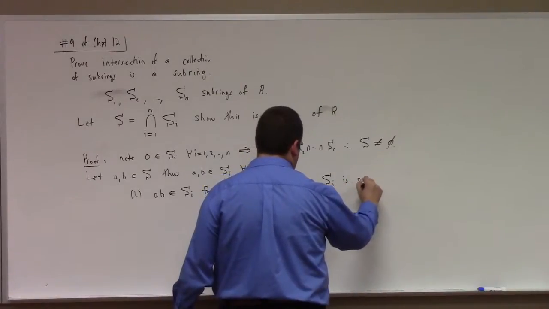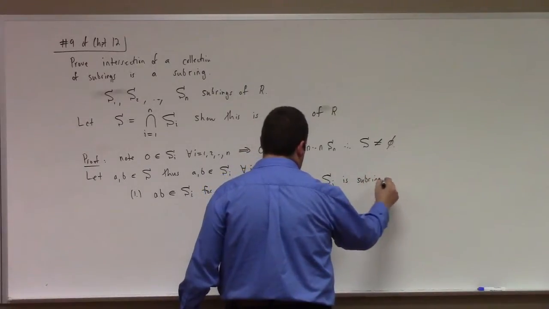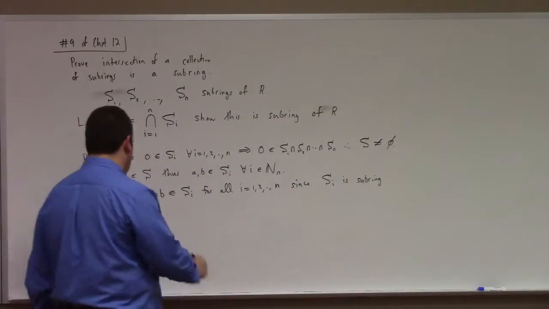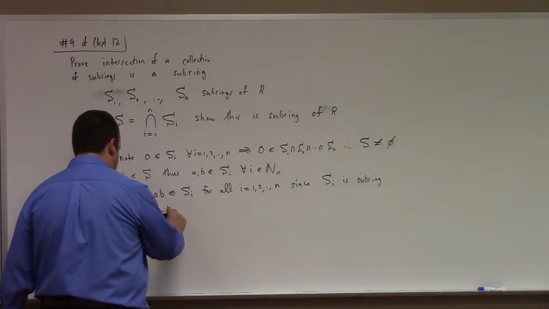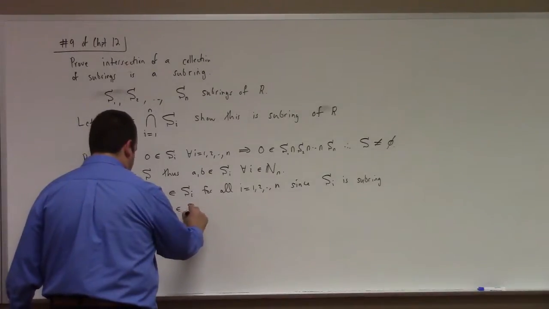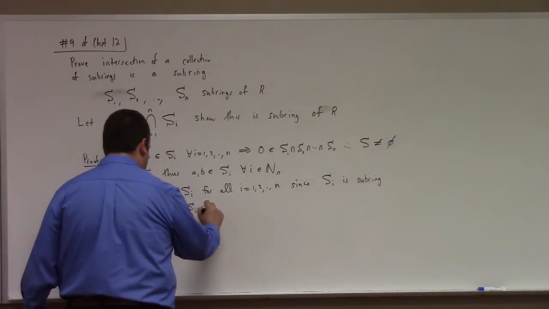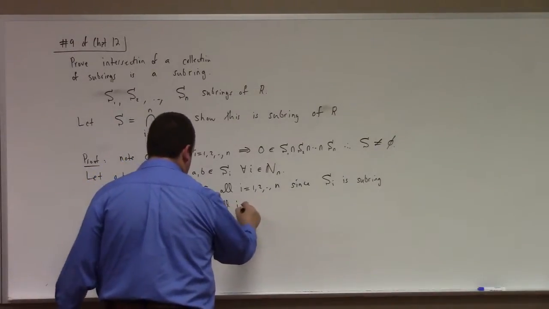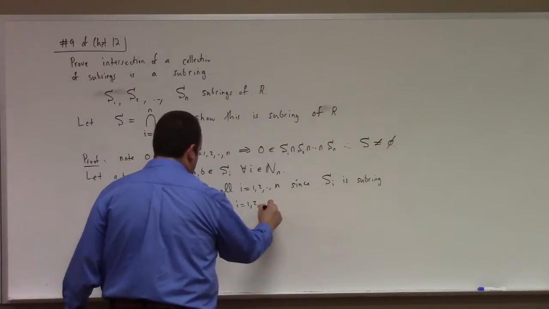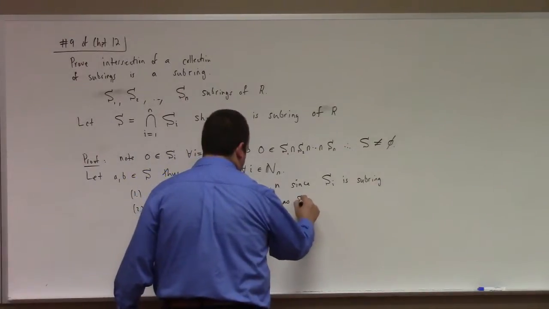Since S sub I is a subring, right? For each I. And 2, A minus B, right, is an element of S sub I for all, or for each, if you like, as S sub I is a subring, right?